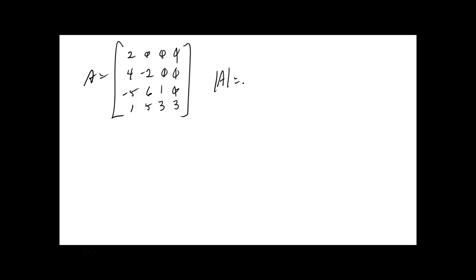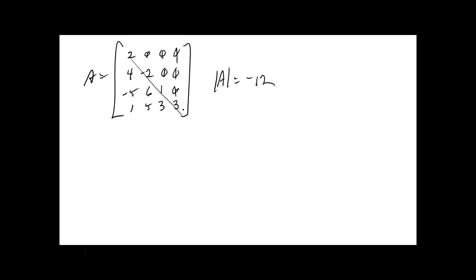What you get? Anything? Negative 12. All you do is multiply those diagonals, do the product of the diagonal. 2 times negative 2 is negative 4 times 3 is negative 12.